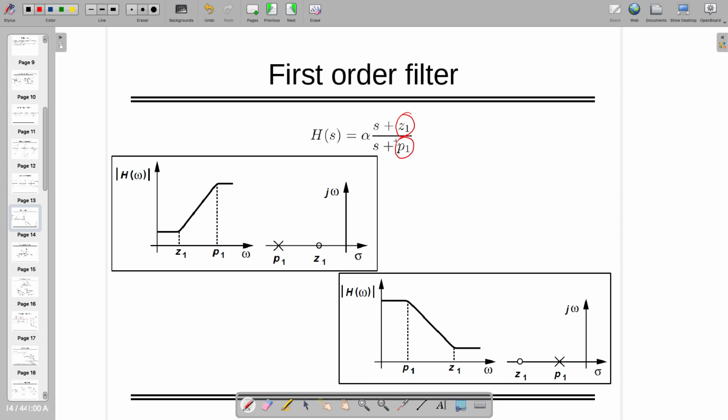If I am keeping the zero earlier than the pole, and in one case I am keeping the pole earlier than the zero, then the characteristic changes and the name of the filter will change. That's why I was not naming them. So it's all depending on how you are keeping the pole and zero locations. It's in your hand to choose the value of R and C, or sometimes inductor also.